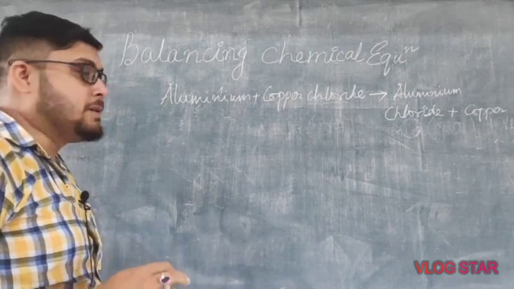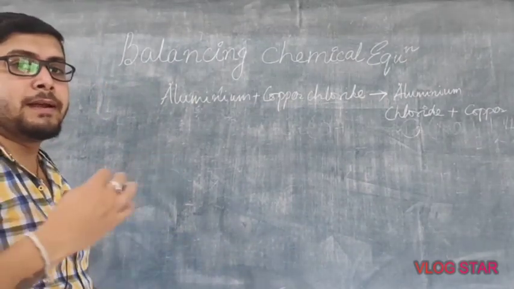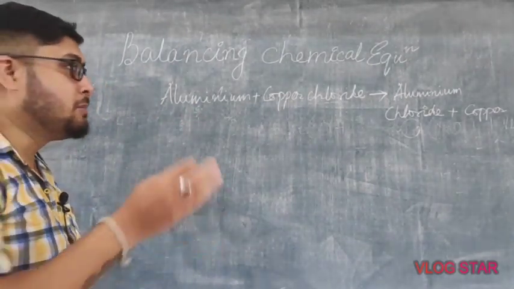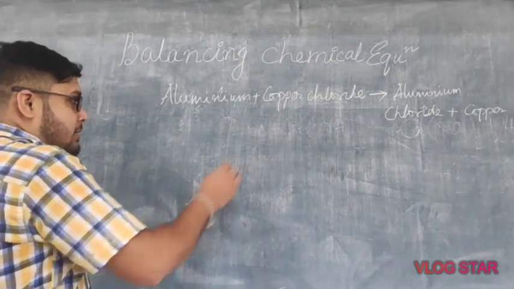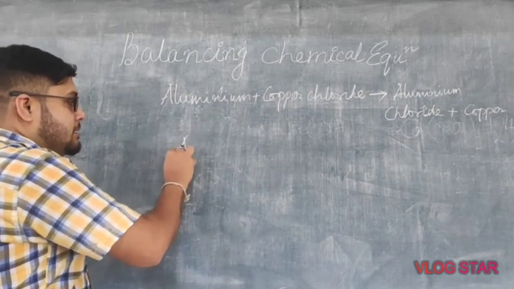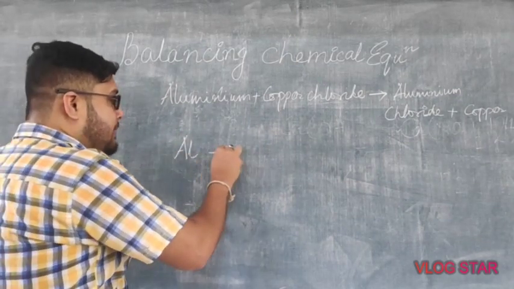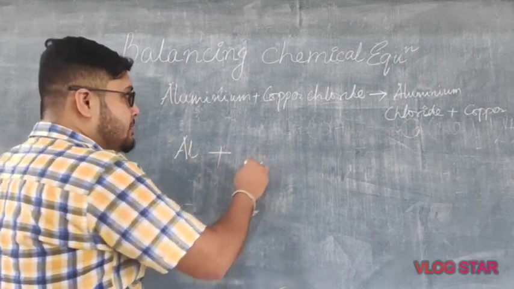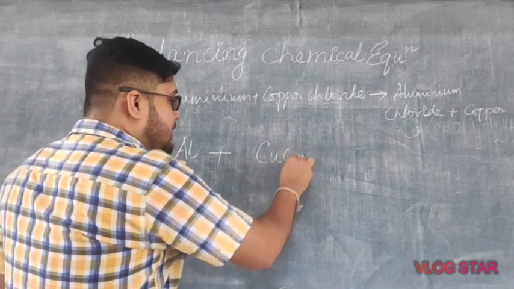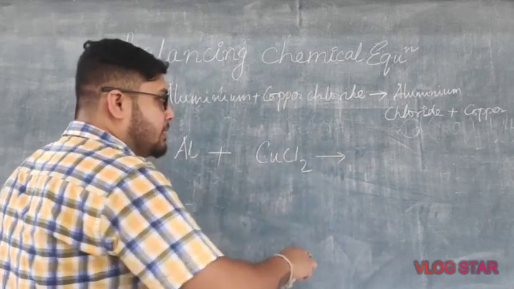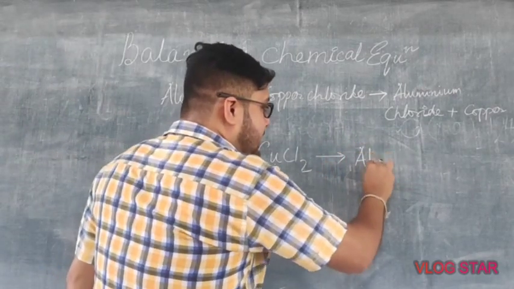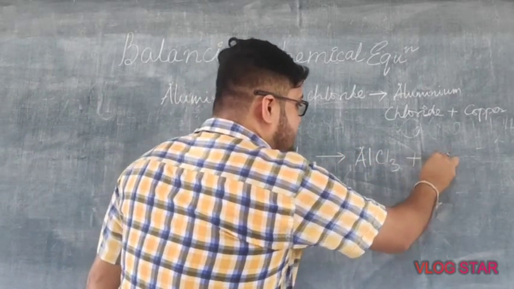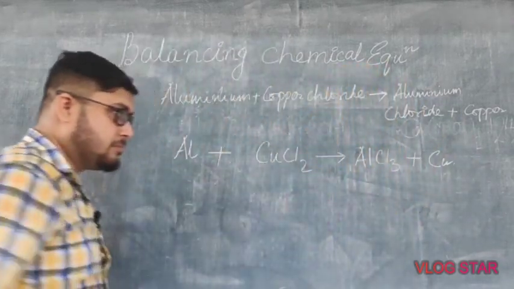Now in this situation we have to be acquainted with the symbols and formulas of the chemical compounds. So first of all, the step is we will convert them into chemical formulas. Copper chloride CuCl2, aluminium chloride AlCl3 plus copper.